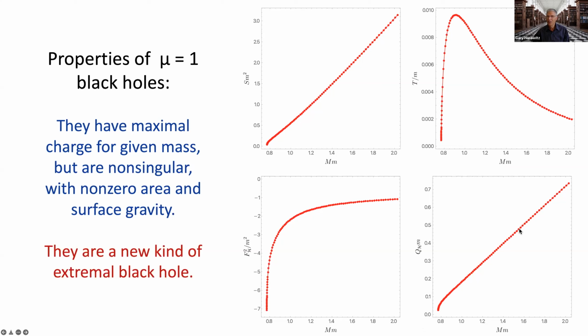You notice the charge on the black hole basically decreases linearly with the mass of the black hole, but since the area is also decreasing almost linearly, the electric field on the horizon stays approximately constant for a while until it gets very close to the singular endpoint, and then the electric field rapidly diverges, and that boosts the instability, and the charge on the black hole quickly goes to 0.